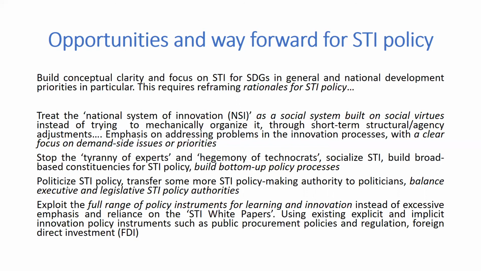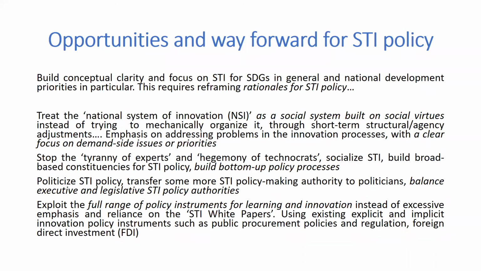So what we are suggesting is to exploit this wide range of policy instruments, including implicit ones. If you remember again, we talked of explicit and implicit policies. Explicit ones that are designed deliberately to promote STI, implicit ones designed not with a focus on STI, but they can be used. For example, public procurement instruments.